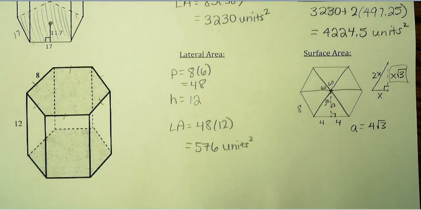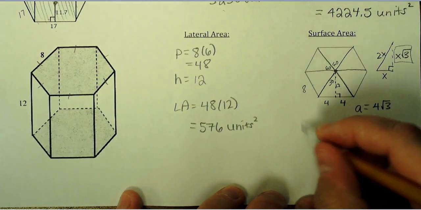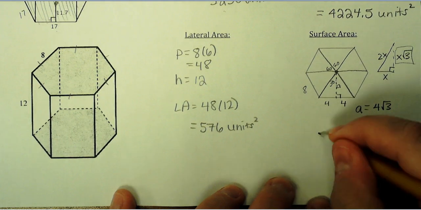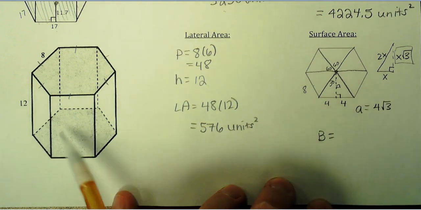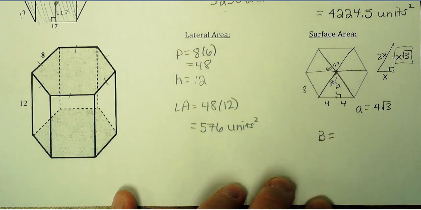Now, we're just going to ask you guys to round these to the nearest tenth when you're working on these problems, so we're not going to worry about leaving it in radical form here. So I've got everything I need. For surface area, I need to compute the area of the base, and then I'll need 2 of them, and then we'll add that to the lateral area.